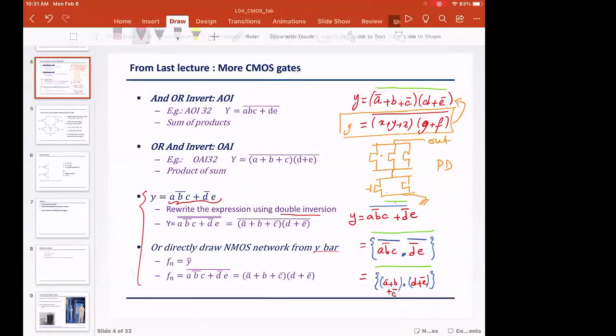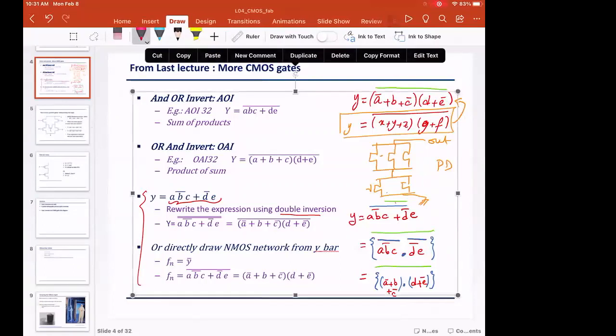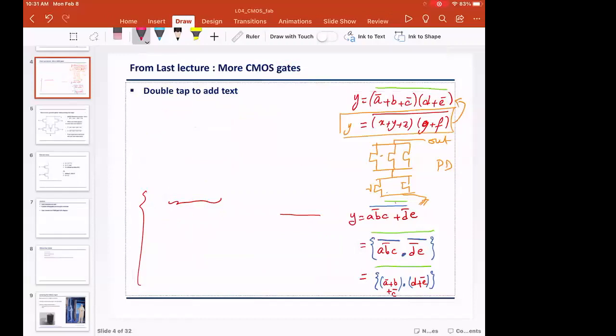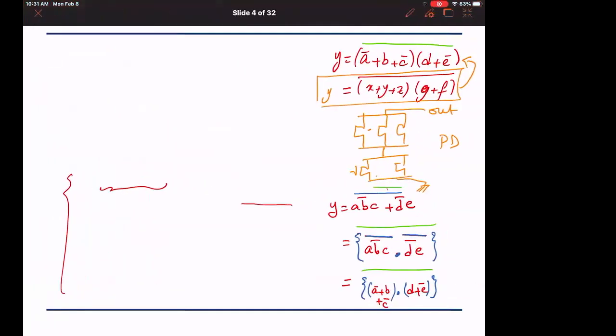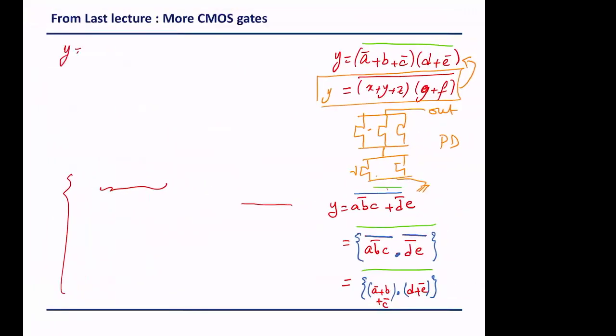Now, what do I have from here? I want to implement y equal (A bar or B or C bar) into (D or E bar), all barred.